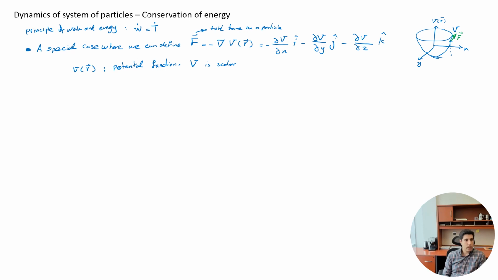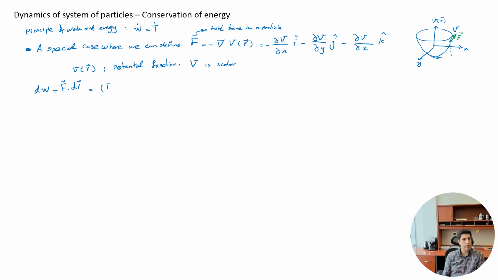So with that definition, also remember the definition of work, dW is F dot dr. Let's work with Cartesian coordinates.